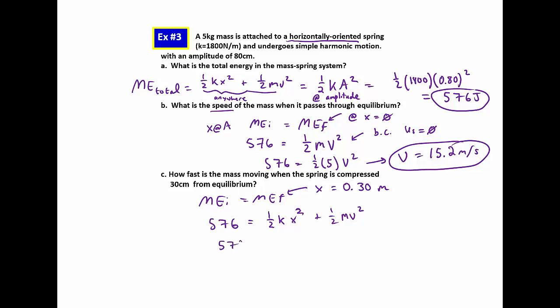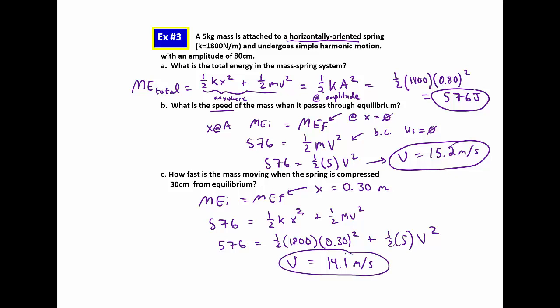So we have 576 is equal to 1/2 times that 1800 newtons per meter, and it was compressed 0.3 meters. We're going to square it, plus 1/2 times the mass, which was 5, and the final velocity squared we're trying to solve for. So we can find that our velocity at that moment is going to have to be 14.1 meters per second, which is a little bit slower than it was at its max speed, and that's okay.